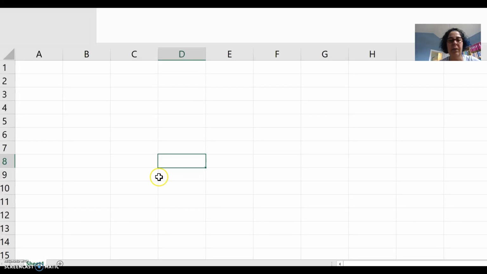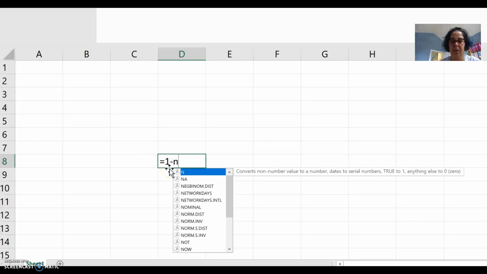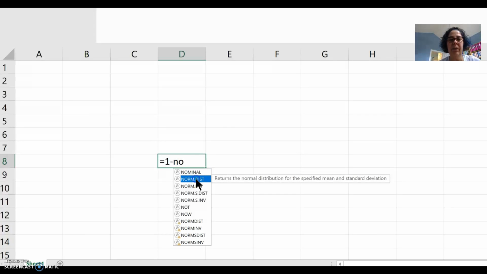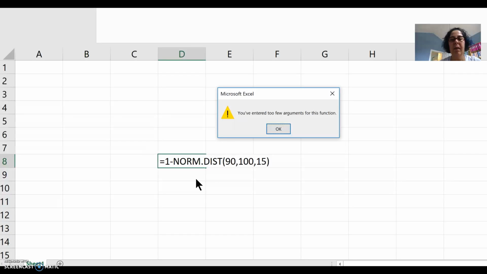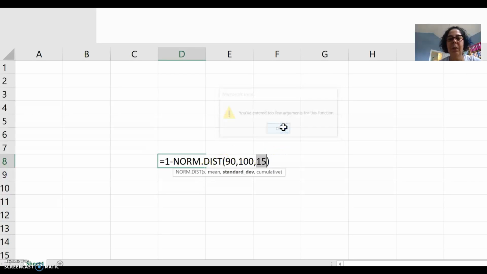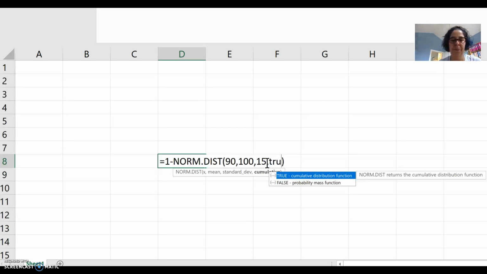That's what we're going to enter in Excel. So equal 1 minus norm. Oh, look, it's giving me the suggestion already. Double click. 90, 100, and 15. Oops, nope. You entered the arguments wrong. It's the mean, standard deviation. Oh, 15, then I need to enter true. Yep.